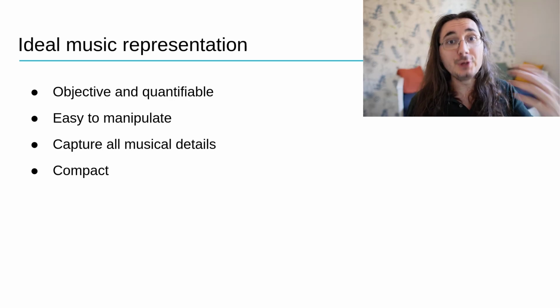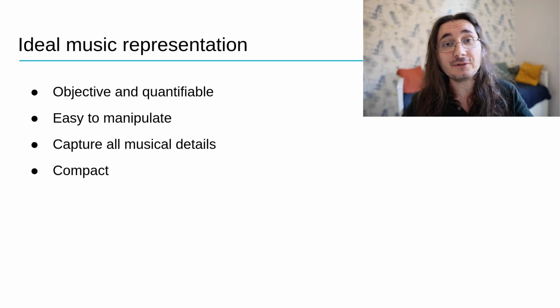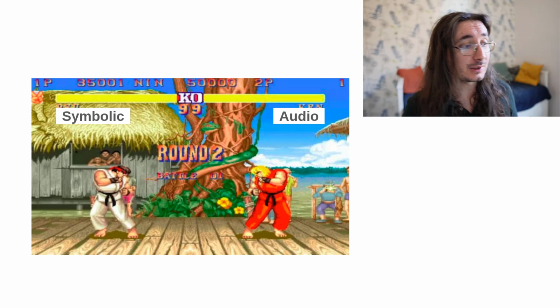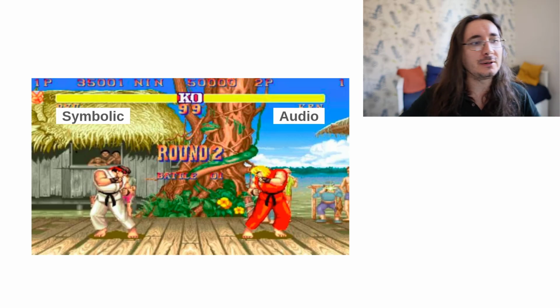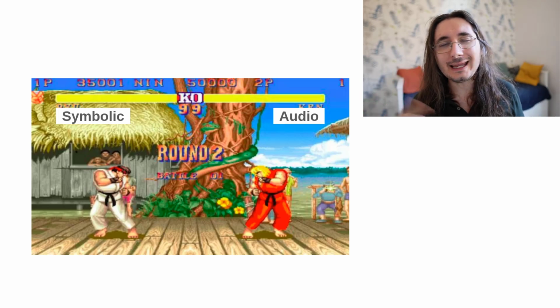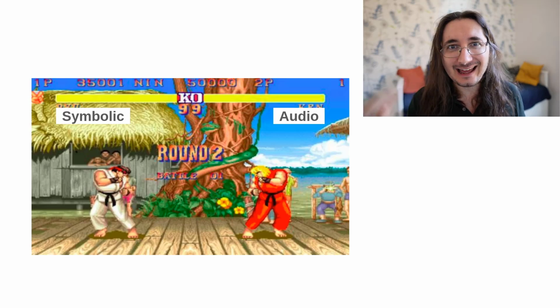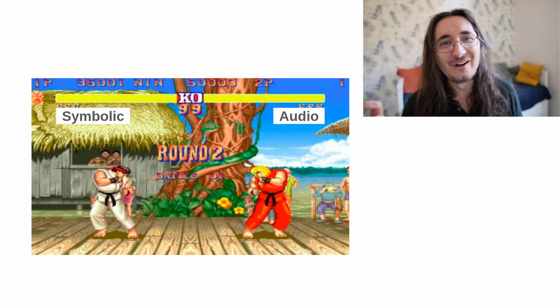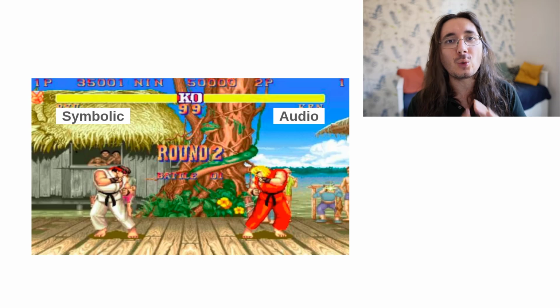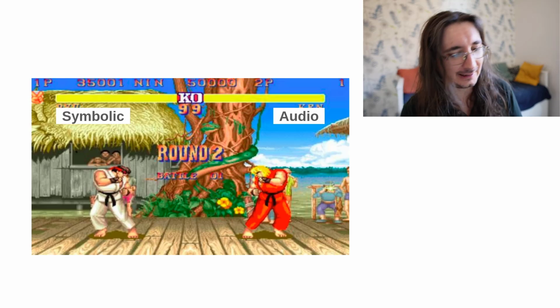In generative music, so far, we've identified a couple of strands of music representations. So one is symbolic, and the other one is audio-based. I guess you can guess where we're going with this argument, but I don't want to anticipate anything at this point.